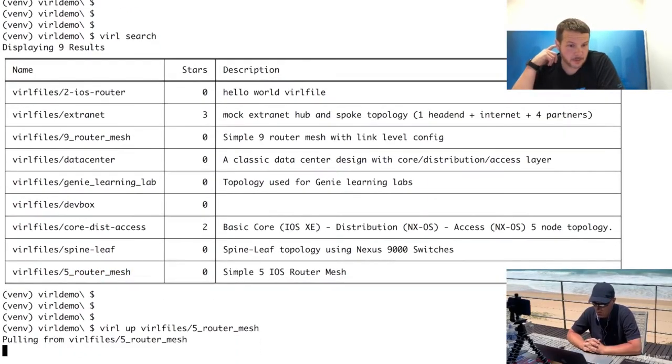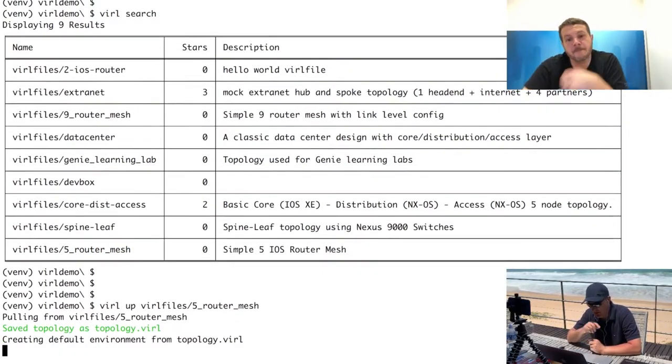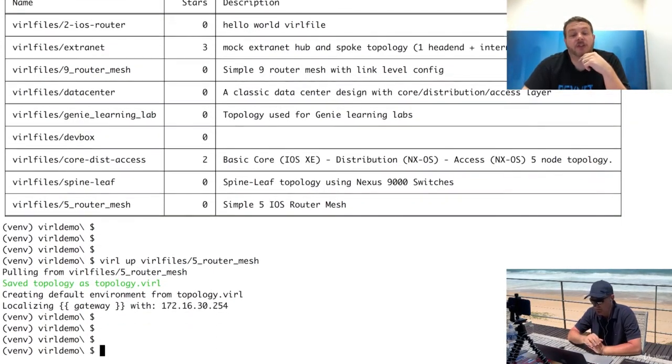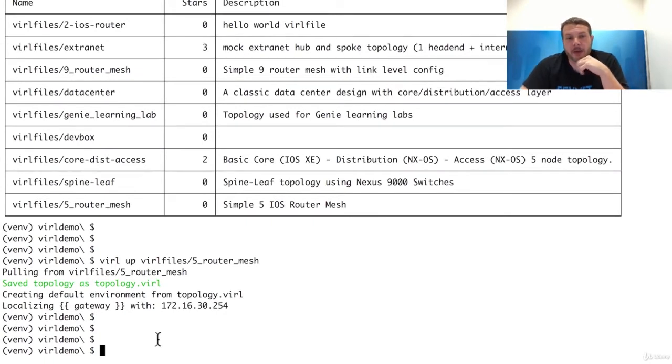Sorry, Hank, just a dumb question while we're waiting for that. Where did you install this software? Is it on your Mac or is it on the VIRL server? It's a good question. So right now, this is just my Mac. We're looking at the SSH terminal for my Mac. You could run this on a Windows machine, on a Linux machine, anywhere. It's a Python package. So the requirement is Python.